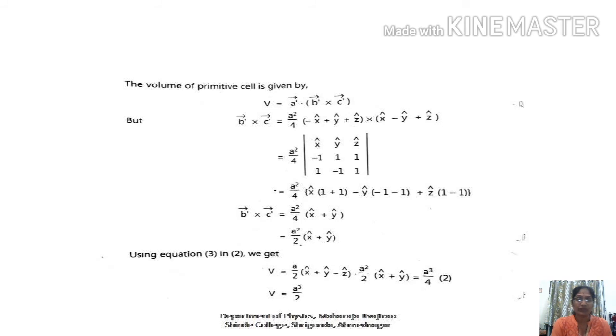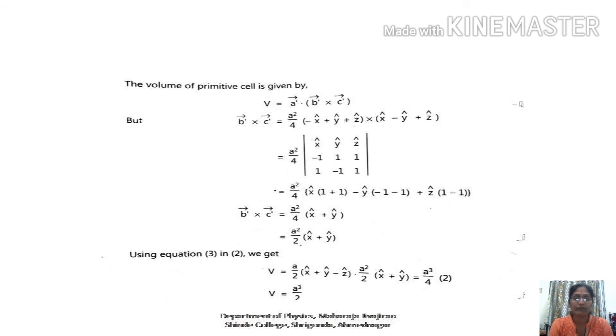So V equals a into a square, which comes out as a cube, and here 2 is in the numerator and 4 in the denominator. 2 into 2 becomes 4.